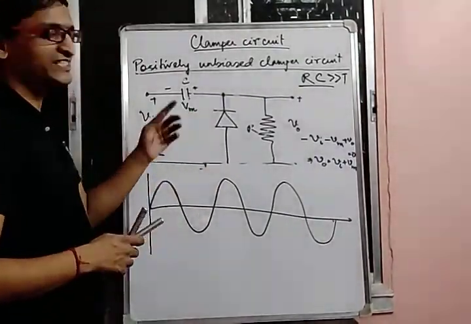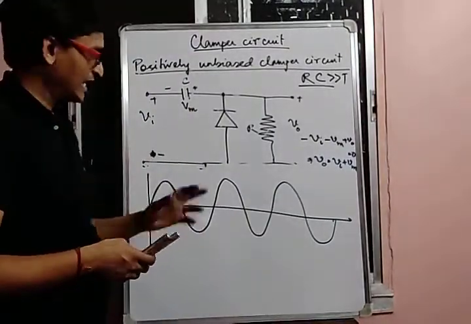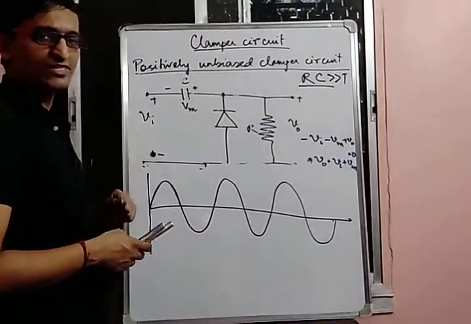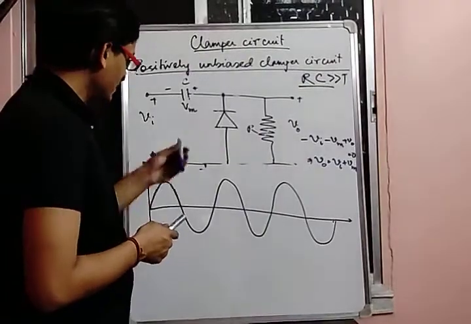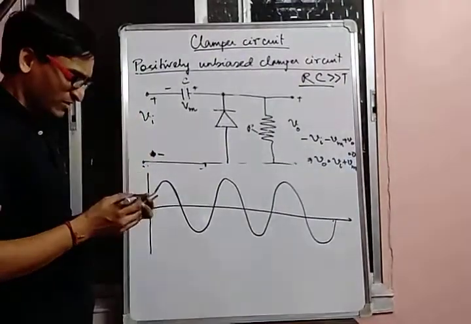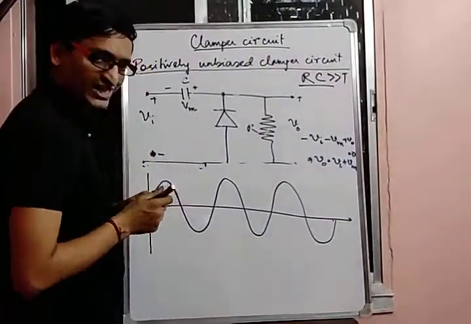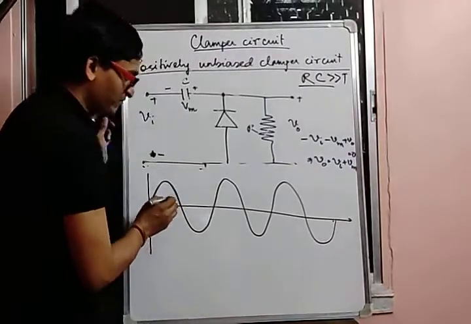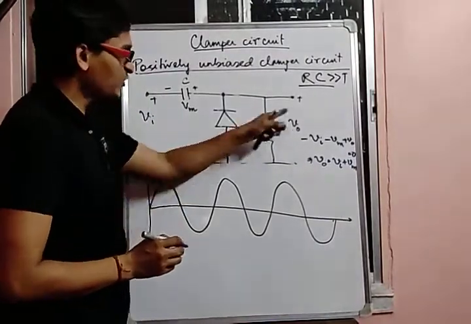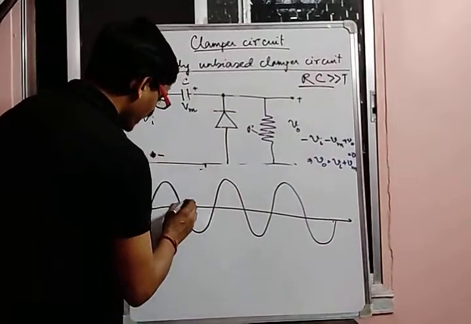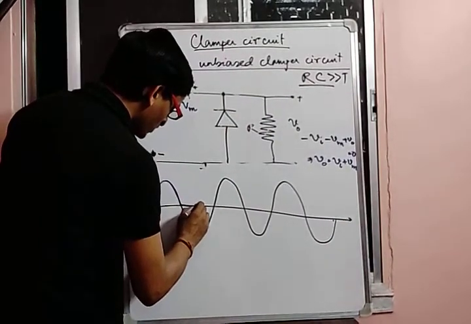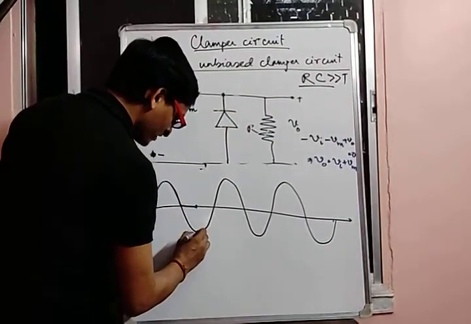So your capacitor C will charge up very quickly, up to the value of the input voltage. Since the maximum value of this input voltage is Vm, the voltage across the capacitor will charge up to Vm, and during this period the output voltage will be 0.